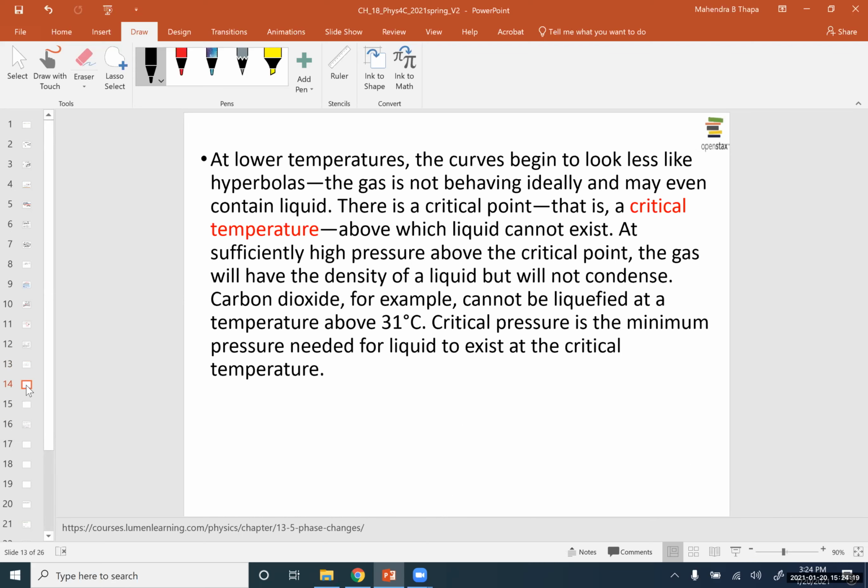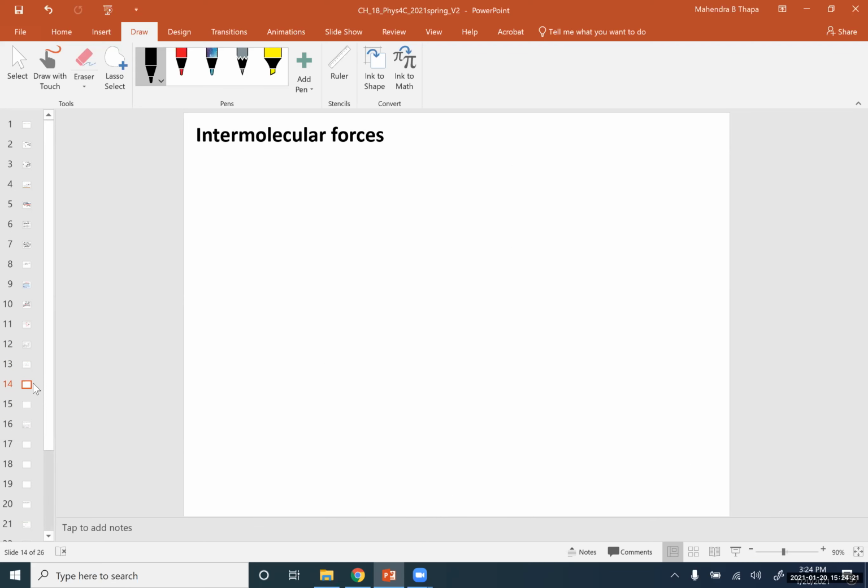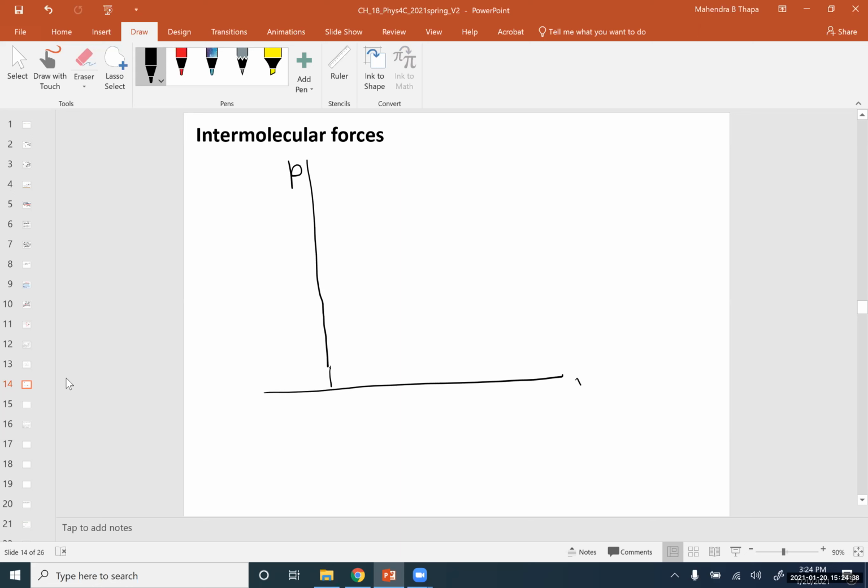Let's see here. Say we draw the graph of an ideal gas. Pressure P is along the Y axis, and volume is along the X axis.